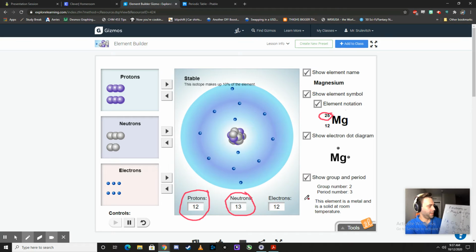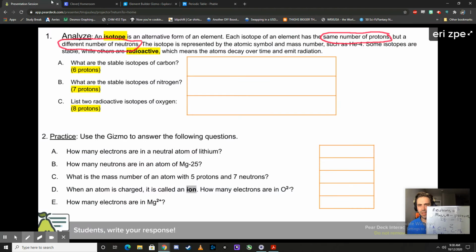Okay, so back up here. The mass is 25. The protons are 12. Okay, so 25 minus 12 is 13. So magnesium 25 has 13 neutrons. How do we know?